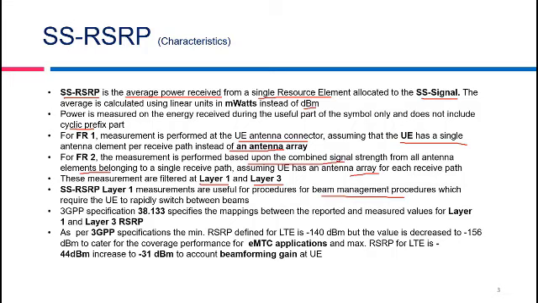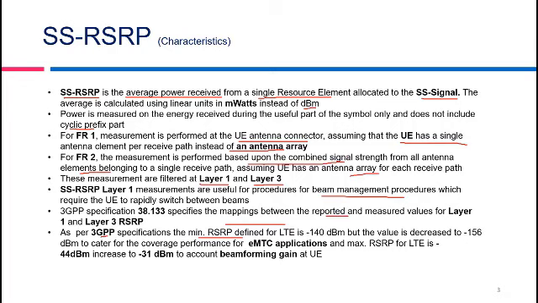The 3GPP specification 38.133 defines the mapping between the reported value and the measured value for layer 1 and layer 3 RSRP. As per 3GPP, the minimum RSRP defined for 4G LTE was minus 140 dBm.